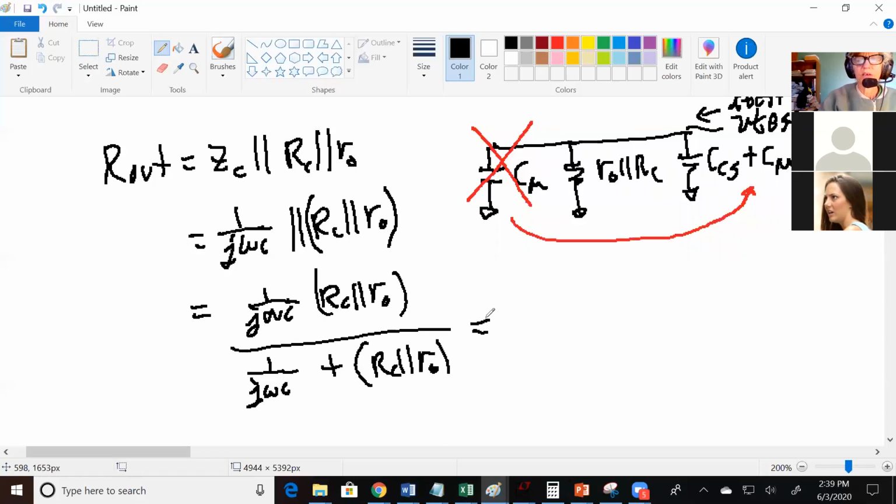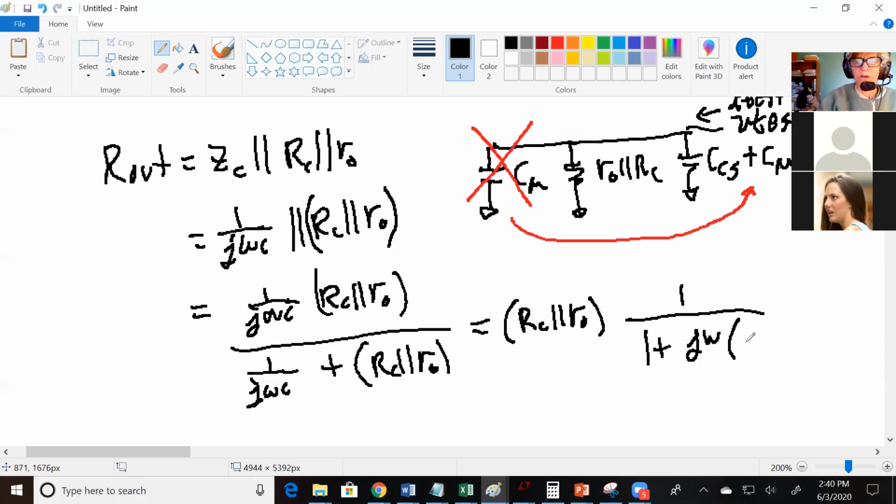And then because we hate fractions, multiply top and bottom by J omega C. And what you get is RC parallel RO, that's 1 over 1 plus J omega RC parallel RO times your C. And in this case, your C is your CS plus C mu.